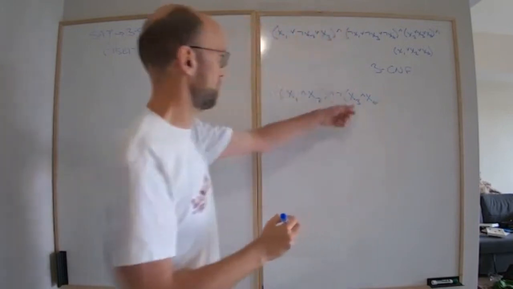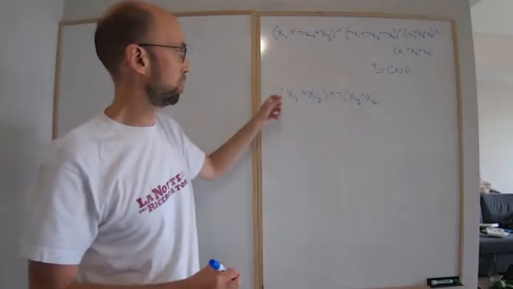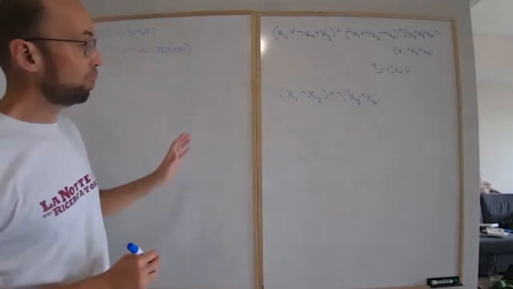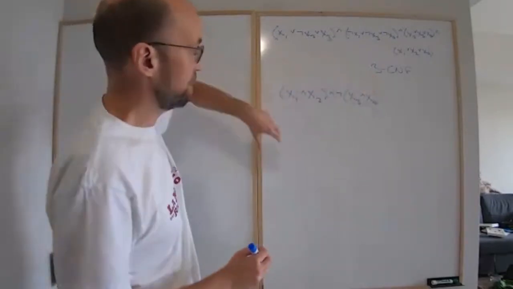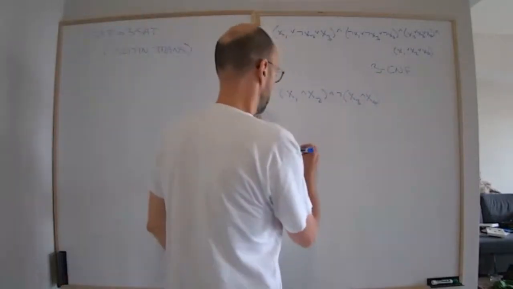This is not in conjunctive normal form, okay? This is not in 3 conjunctive normal form. But you want to be able to take it and put it into 3 conjunctive normal form. So what would you do?